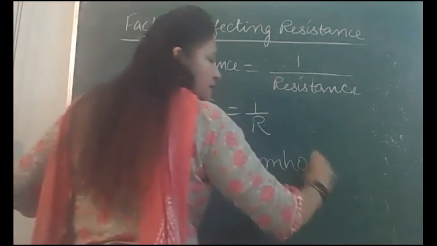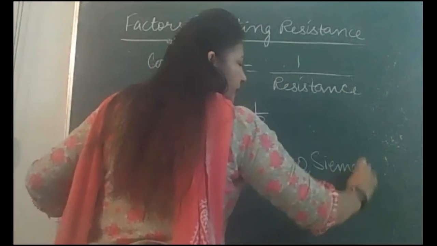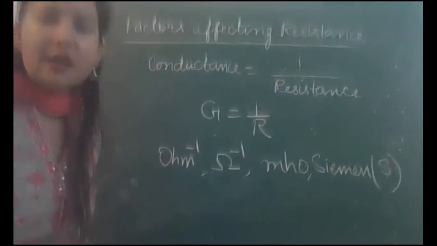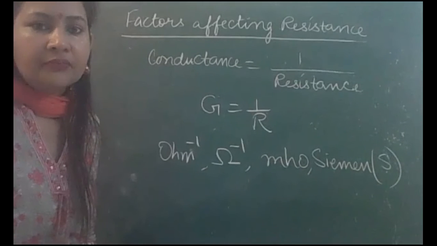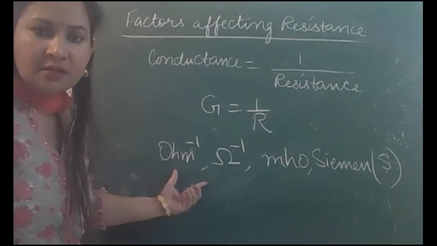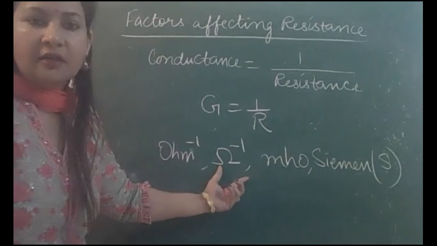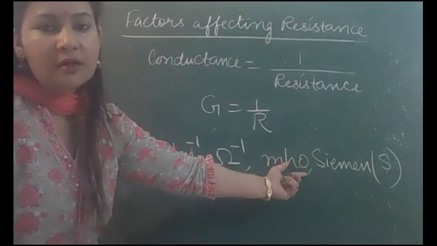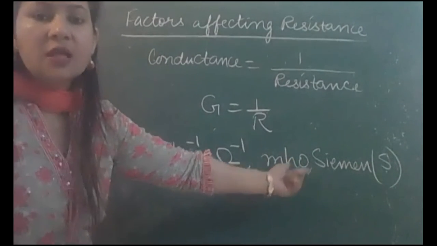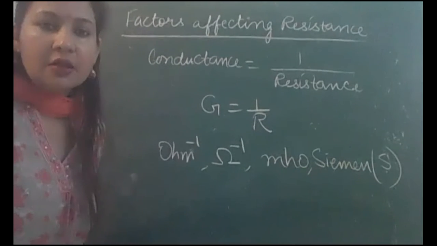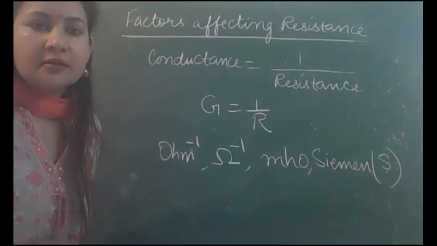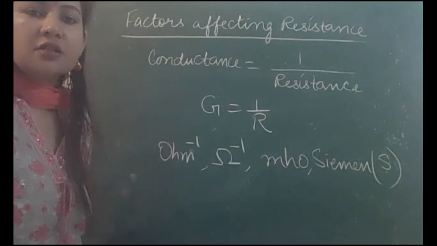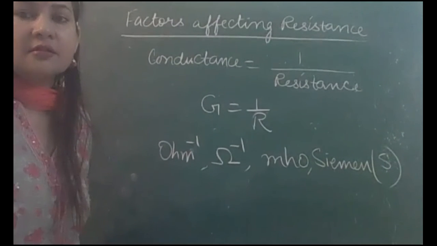And one more unit is there, Siemens, denoted by capital S. So any one out of these you can write. Either ohm inverse, or you can write the letters of ohm in reverse order, mho, or Siemens. These are the units of conductance.